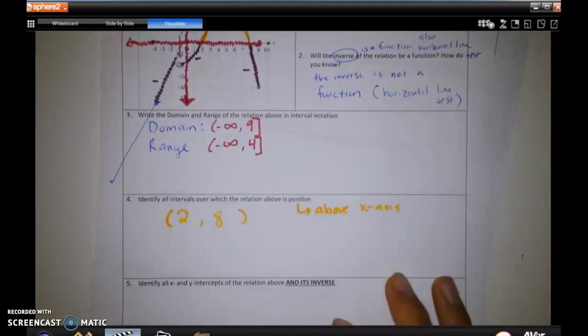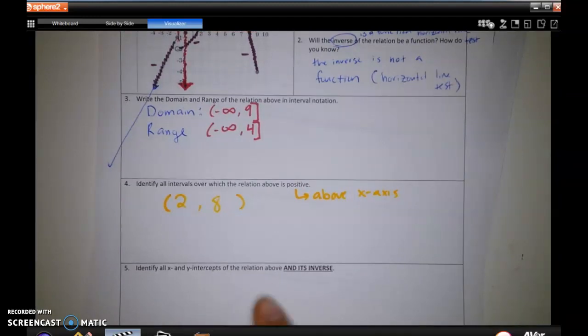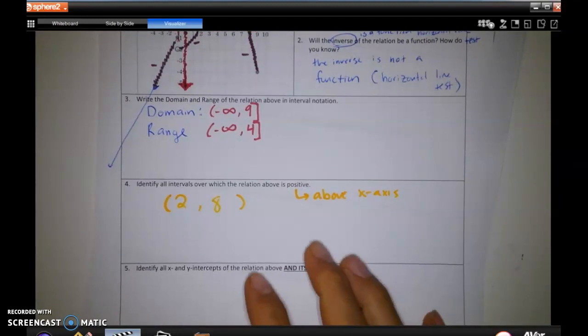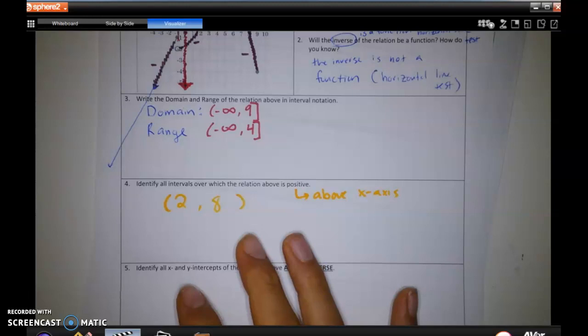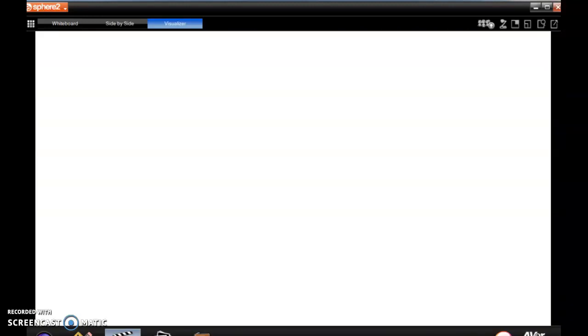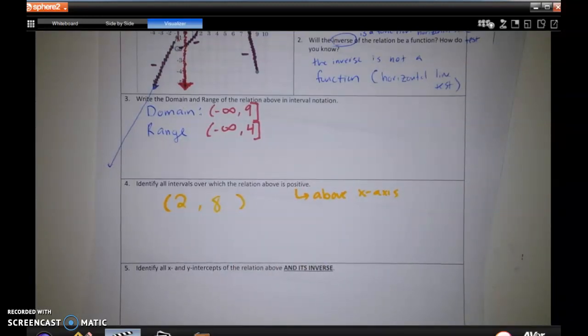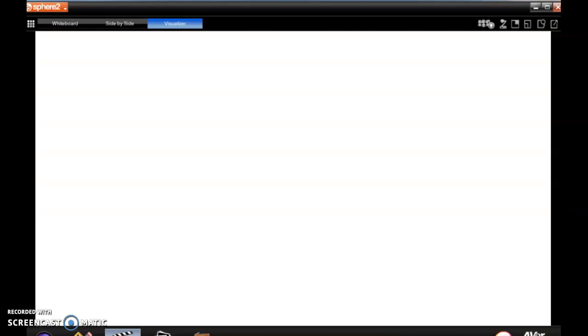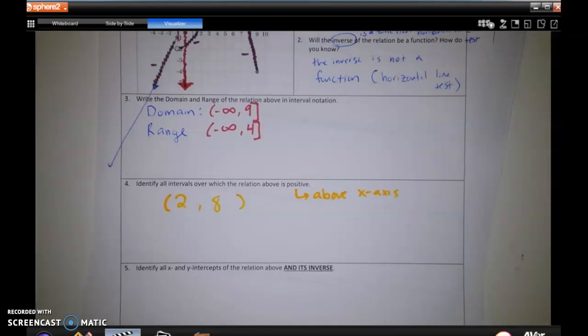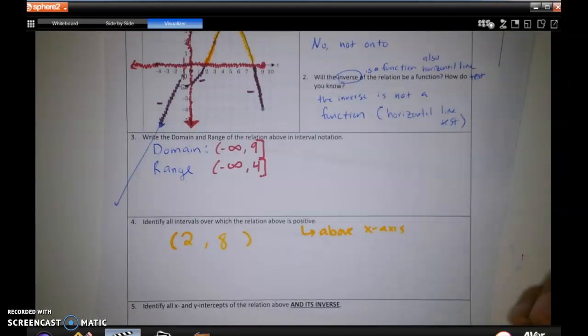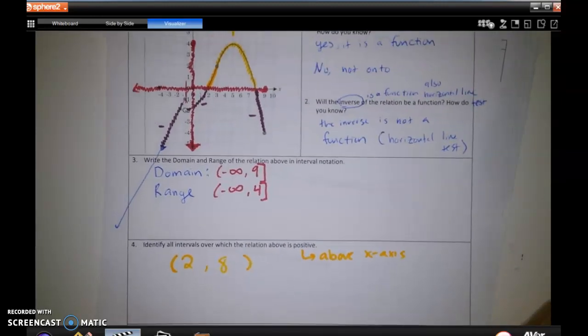The last section is we need to identify all x-intercepts and y-intercepts. So we're going to start with the x-intercepts. I think I have a black marker which would really stand out right here. There it is. If I'm looking for x-intercepts, I'm looking for where my graph crosses the x-axis.